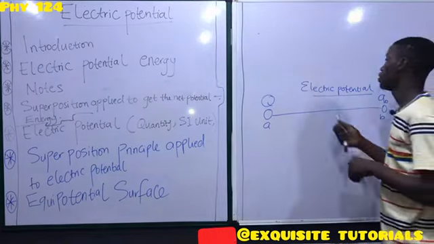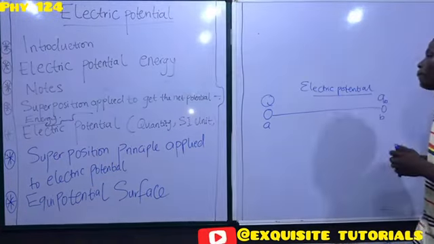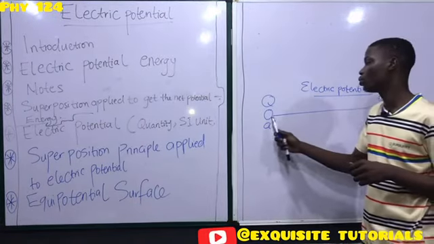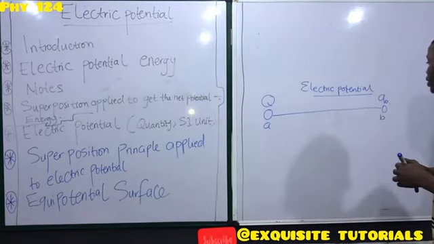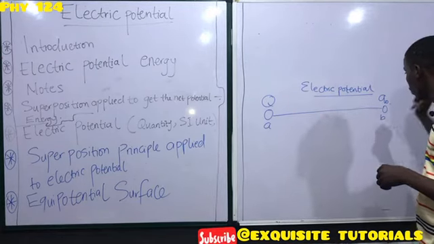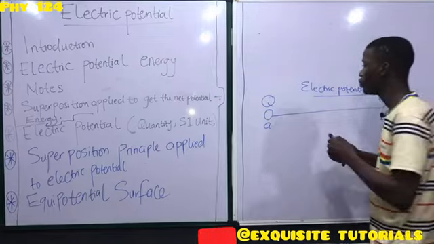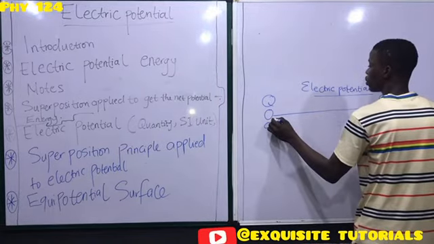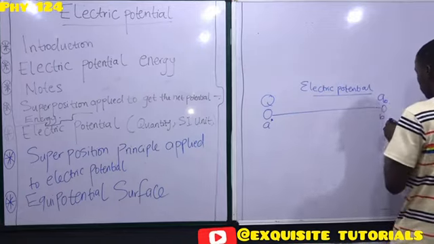The electric potential that exists between these two bodies is the work done that is required to move the charge from this point to this point.